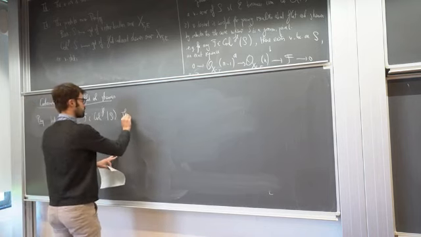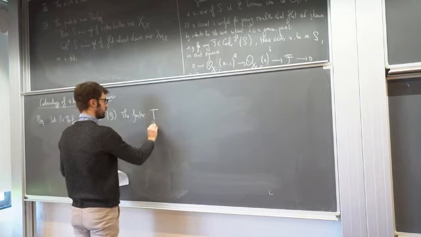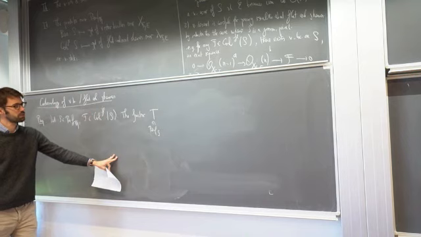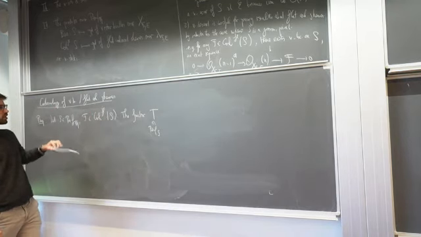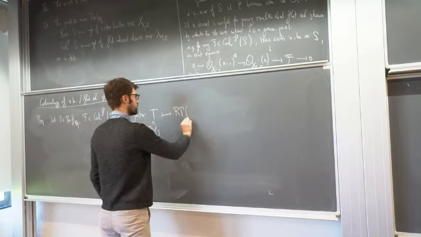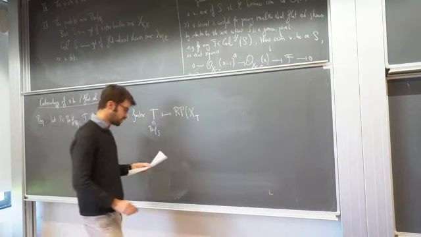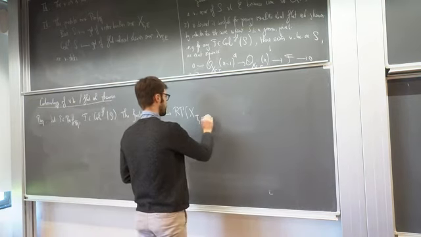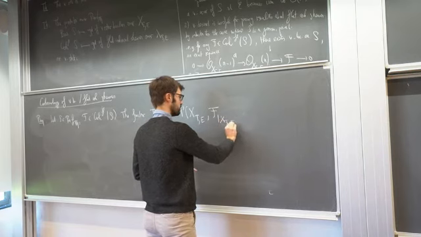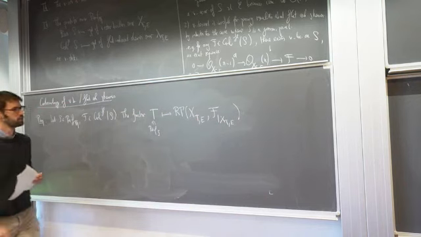Then you can consider the functor which sends T, a perfectoid space over S, to the cohomology, in the analytic topology, on the Fargues-Fontaine curve X_T of the pullback of F to X_T.